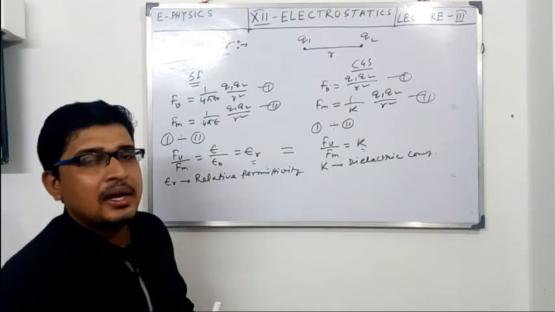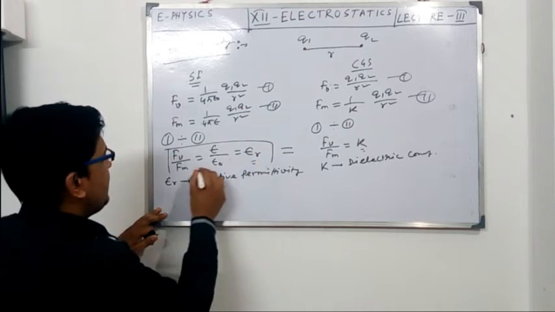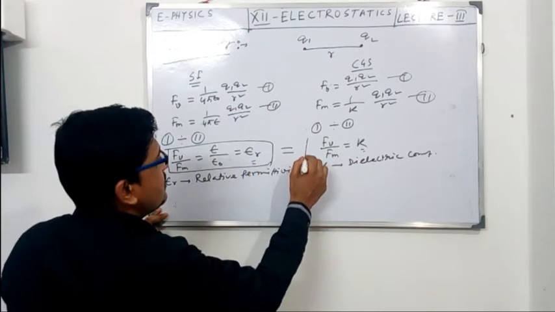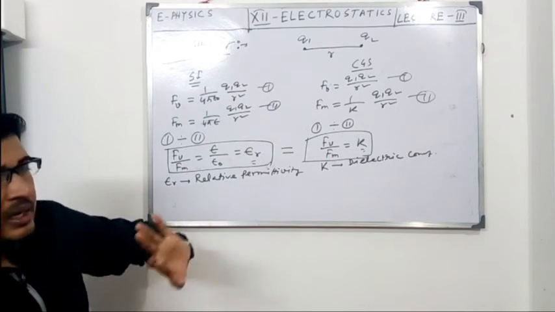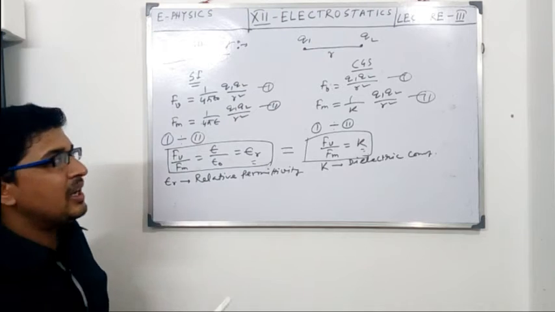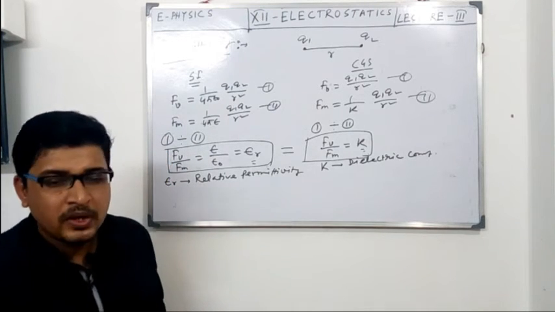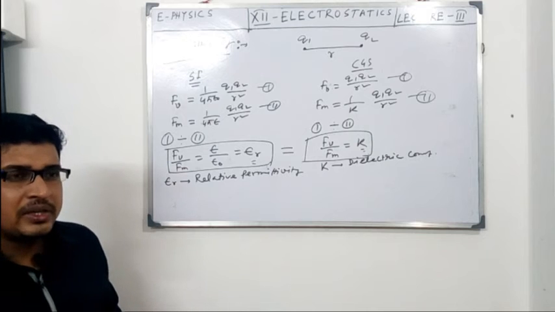This is called the dielectric constant, and these two expressions are very important. Okay, these two expressions are very important. Now we shall discuss what is the role of the quantity permittivity in Coulomb's law.